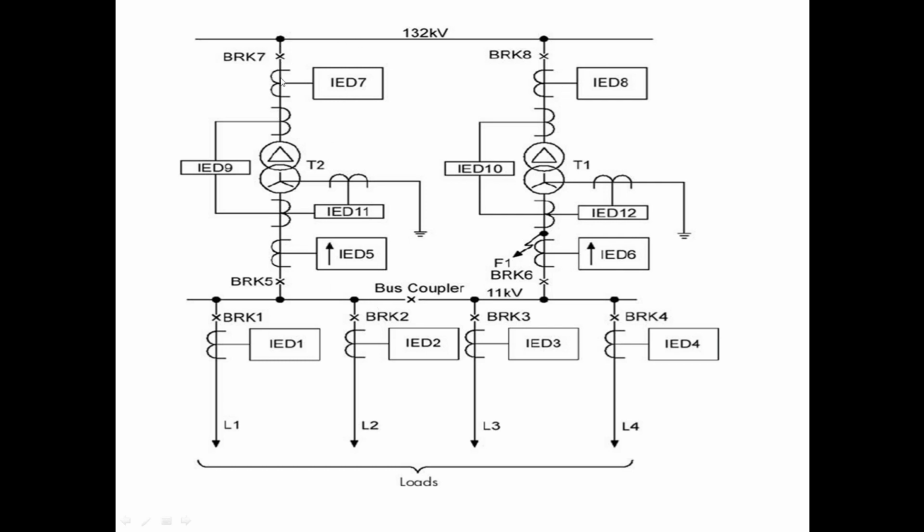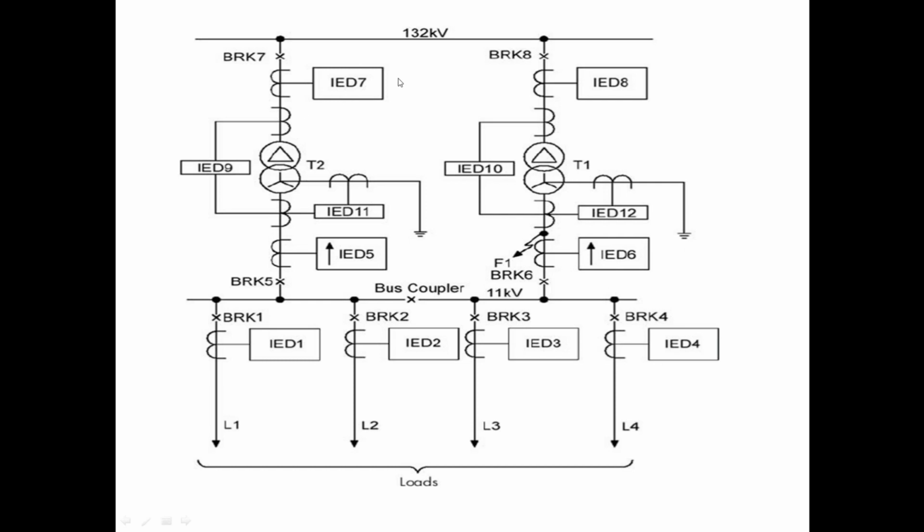So in case of any fault in the feeders, it will sense it and trip breaker 7. Similarly, for any fault on this receiving side, this relay will sense it and trip breaker 5. In the same way, 8 and 6 will also sense it.